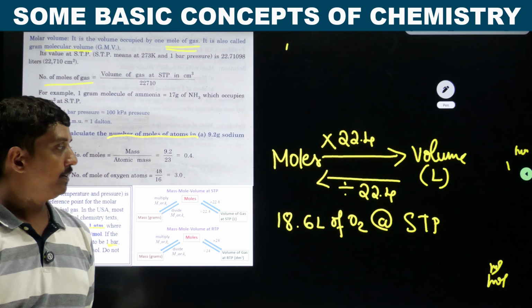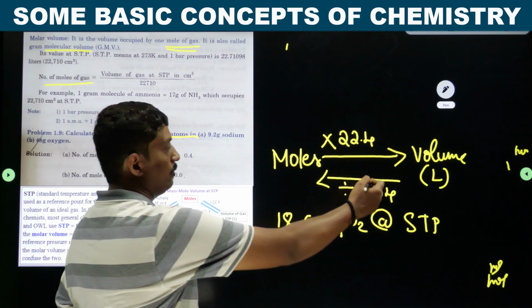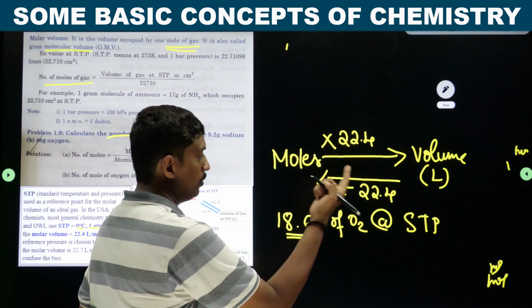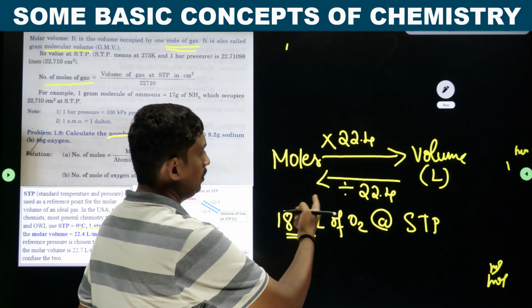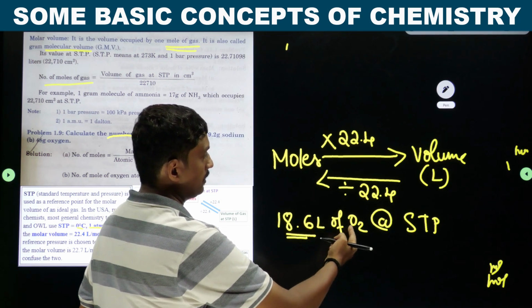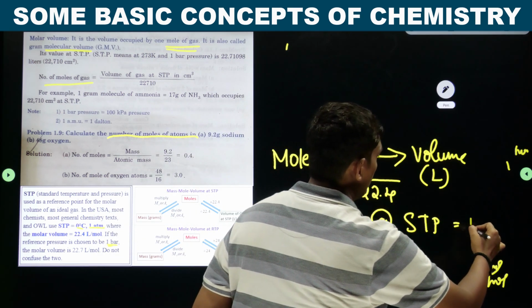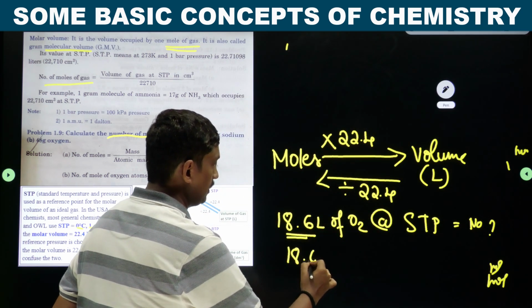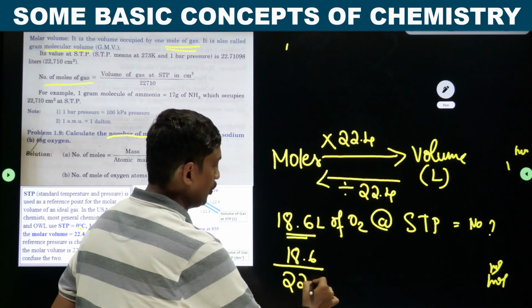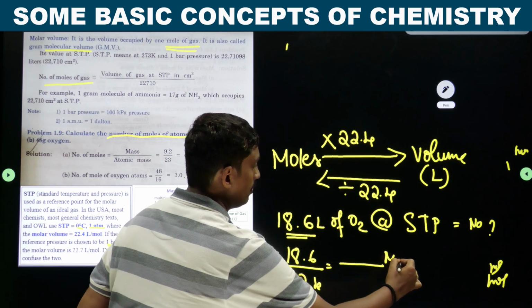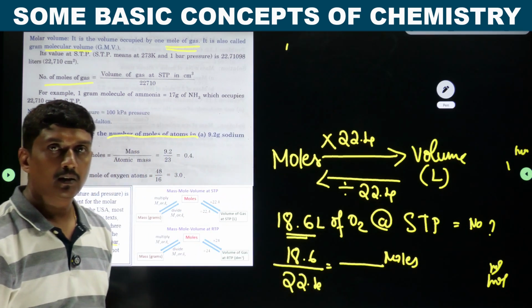Volume is given, so it should be converted into moles. Number of moles is equal to 18.6 divided by 22.4, and you will get the number of moles.